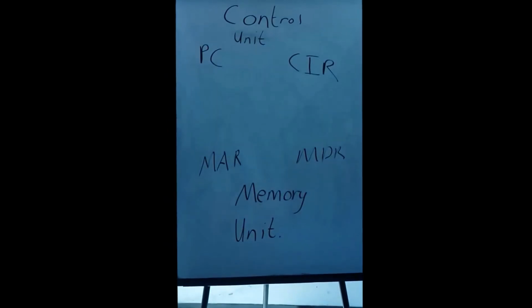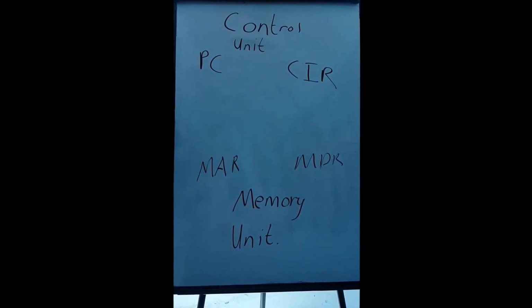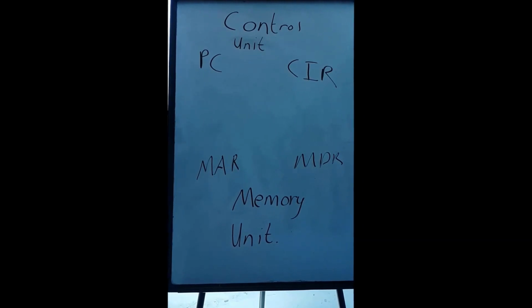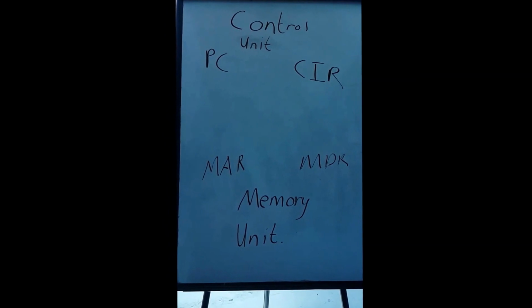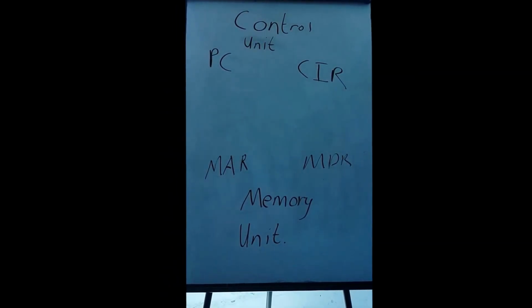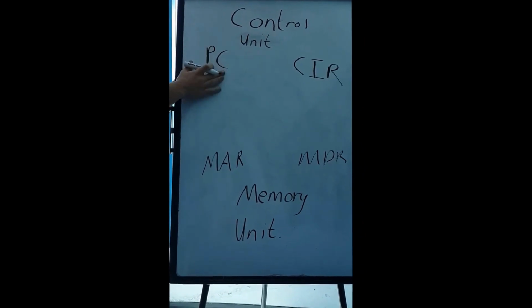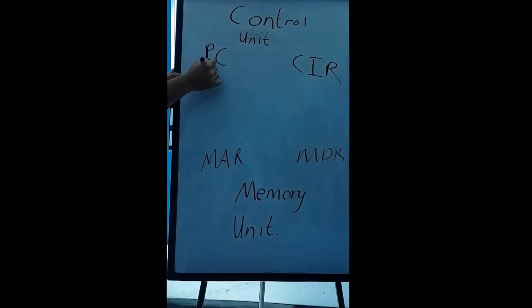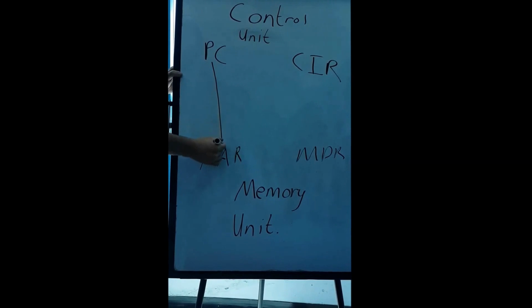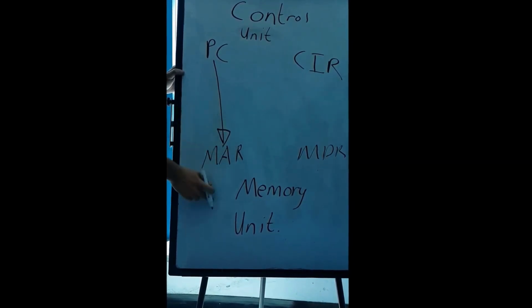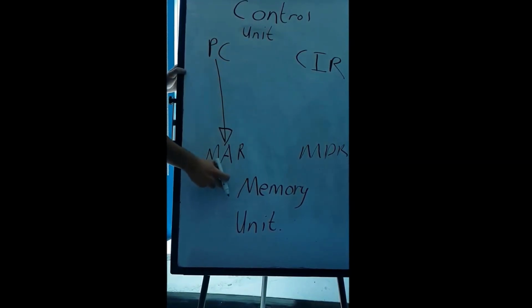Finally, we must understand how all of these concepts mesh together in the Von Neumann architecture. The first step in the fetch, decode, execute cycle is that the address of the instruction to be fetched will be stored in the program counter. This address will then be copied using an address bus to the memory address register in the memory unit, all the way from the control unit.